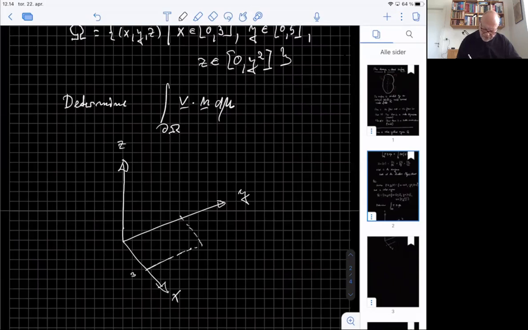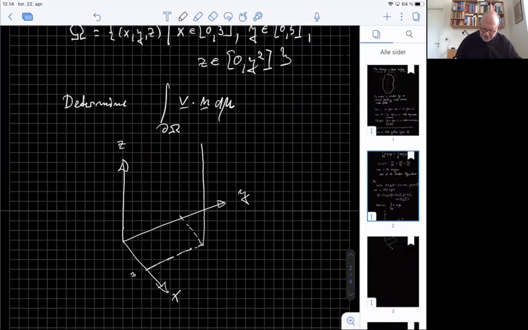So this is the area in the xy plane. And then z is going between 0 and a parabola that depends on y.